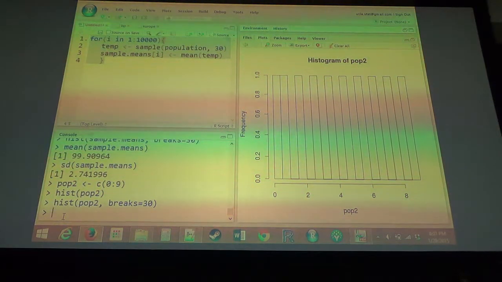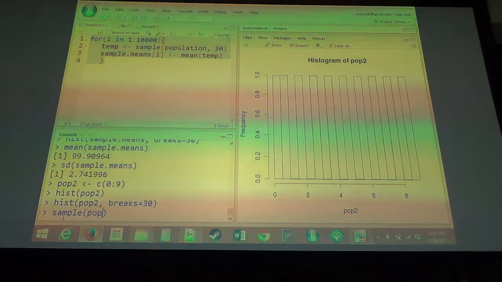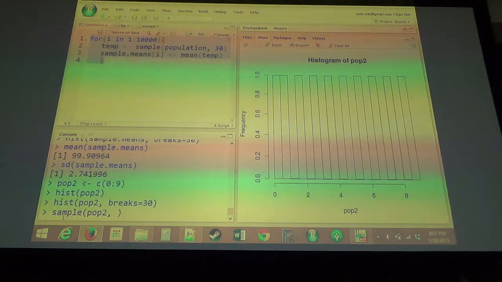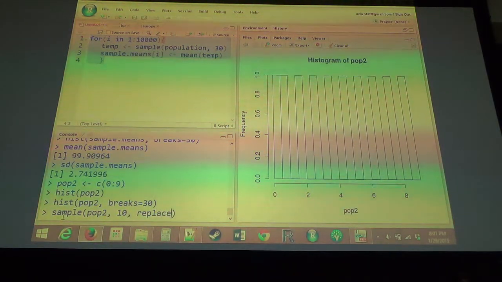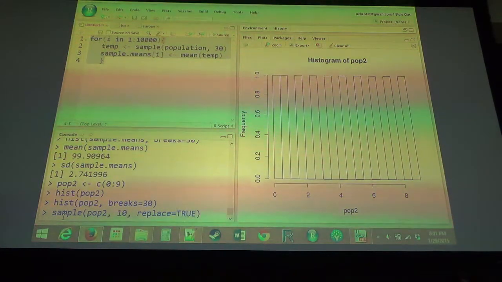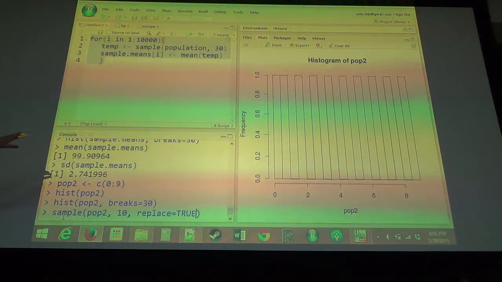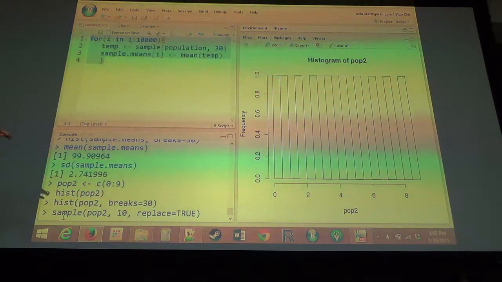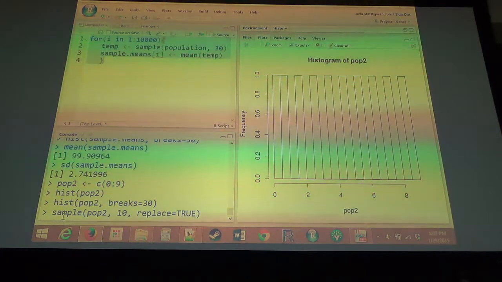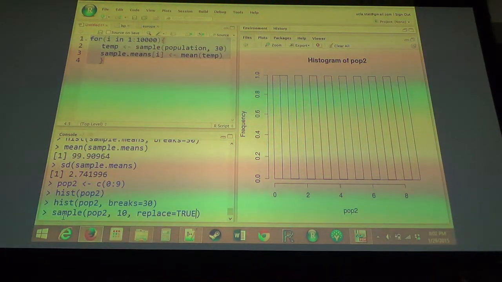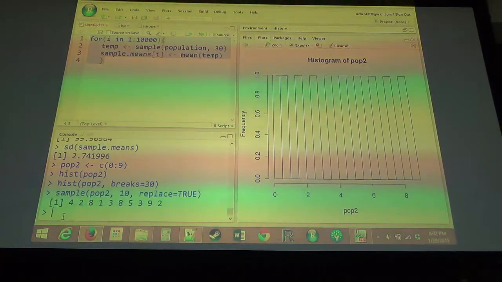Okay, and so this time we're going to do random sampling. I'm going to say sample from Pop2, and I want to take a random sample of size 10, but I have to turn replace equals true. What that says is, because there's only 10 numbers in the population, take a number, but then put it back, mix it up before you take another number. Okay, this is what it spits out.